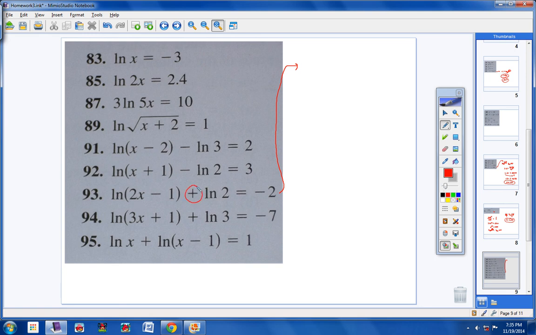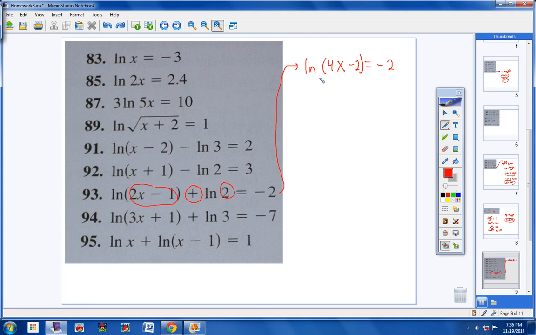So we have the natural log of 2x minus 1 times 2. So you would get 4x minus 2 equals negative 2. Now I hope everyone sees where this came from right here. 2 times 2x, 2 times negative 1. Okay?